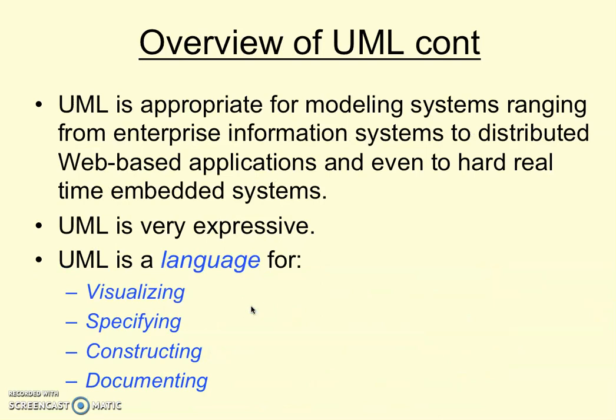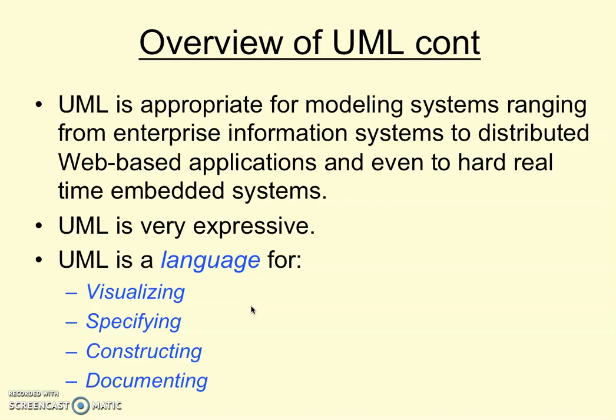Now, UML is really expressive, and it's expressive in a number of different ways. You can use it for visualizing what your users or your systems are going to be doing when it comes to interacting, for specifications of the expected system itself.